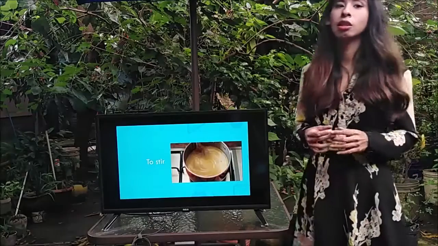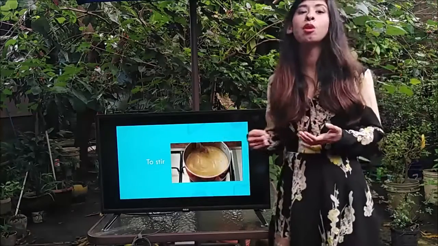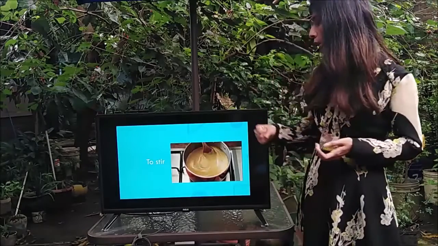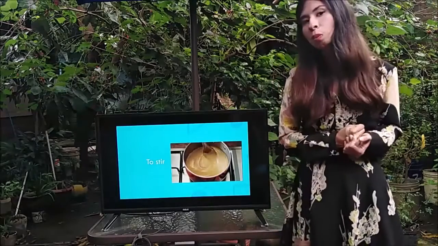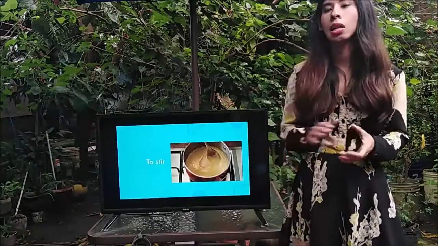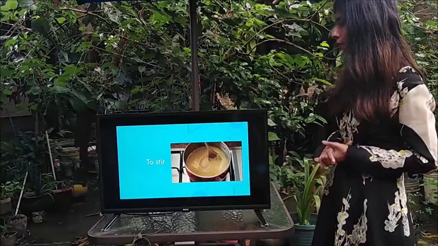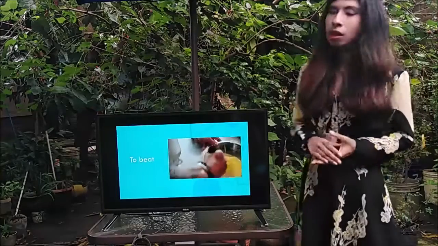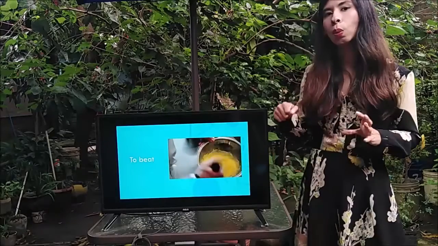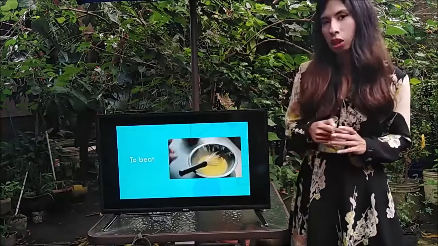Then to stir. To stir is whenever we are moving something while we're cooking it, right? So we can use a wooden spoon or any other type of spoon whenever we are stirring our preparation. To beat is to stir but with a higher force, right?